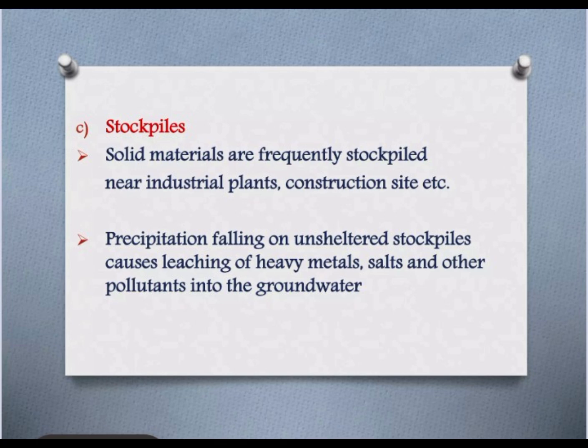Stockpiles are solid materials frequently stockpiled near industrial plants and construction sites. So precipitation falling on unsheltered stockpiles causes leaching of heavy metals, salt, and other pollutants into the groundwater.